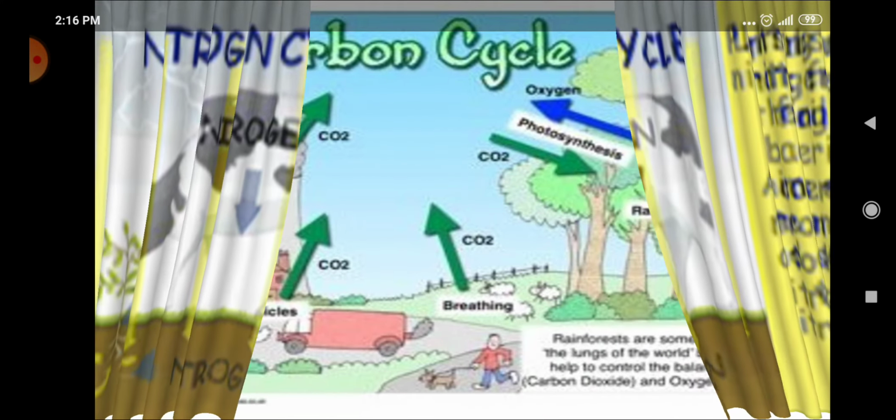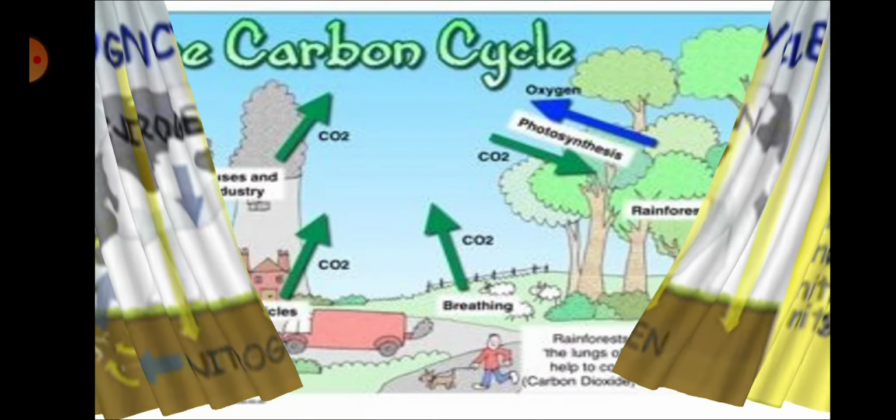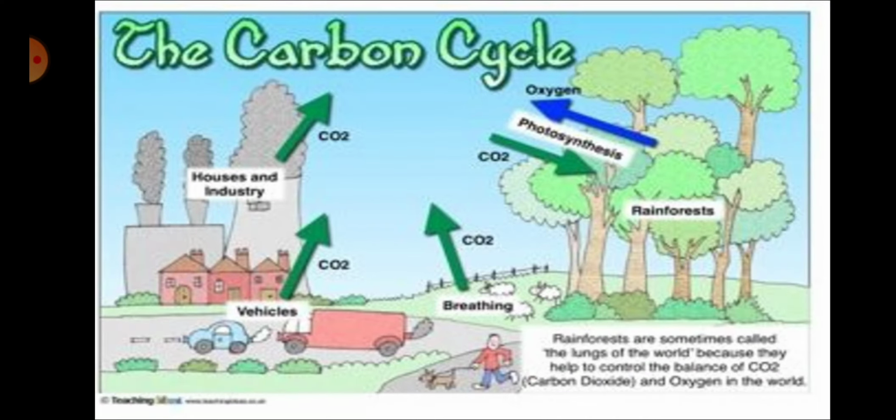Now come to the carbon cycle. How carbon is fixed or cycled in the atmosphere. By the process of photosynthesis, carbon is converted into glucose that is eaten by animals and plants. Again by respiration, carbon dioxide is exhaled into the environment, or by burning in the form of coal, petroleum.